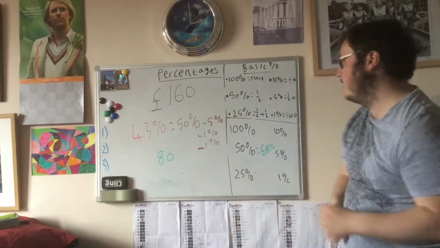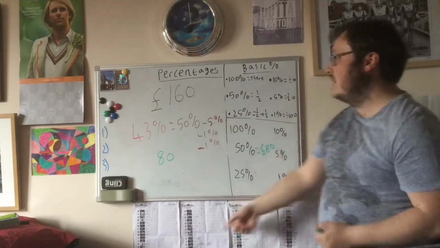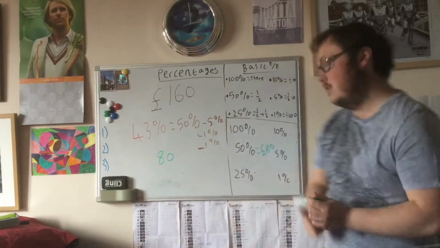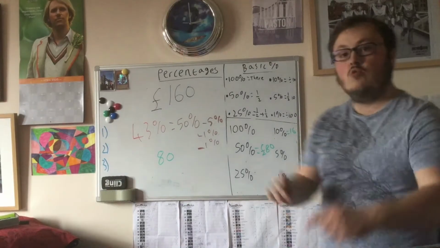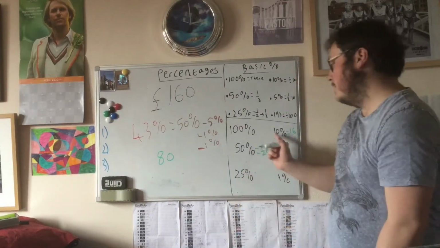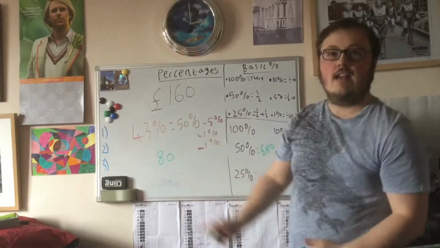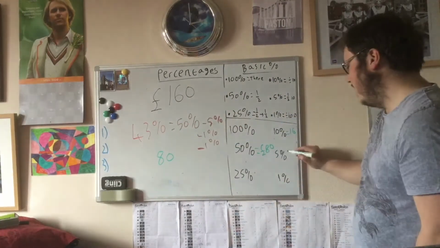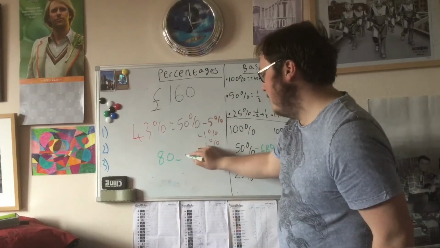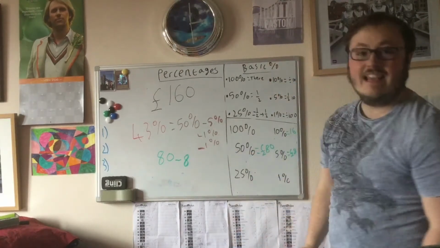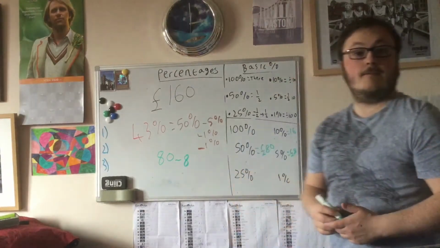Do you remember how to find 5%? We find 10%, which is 16, and we halve that, because remember, 10% is you divide by 10. So what's half of 16? £8. So it's 80 minus 8, because now we've found our 5%.